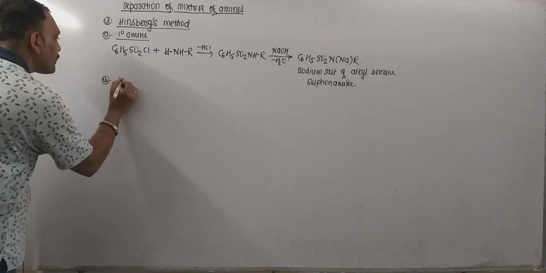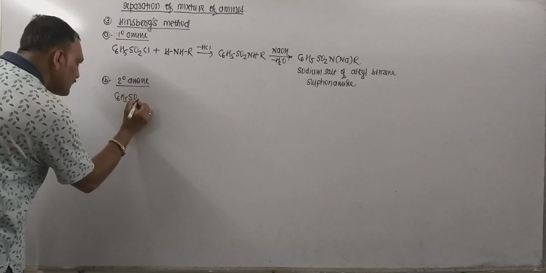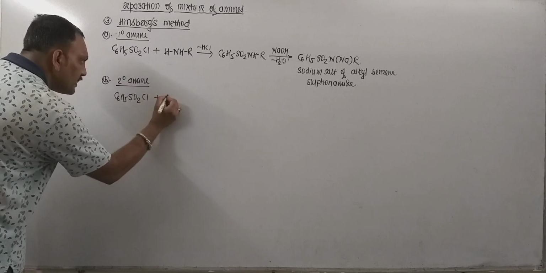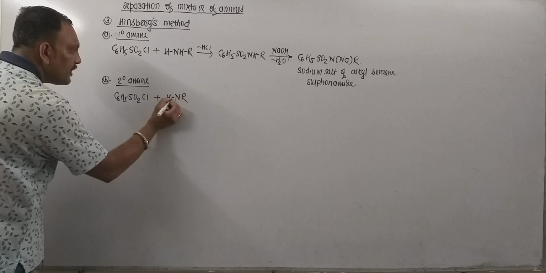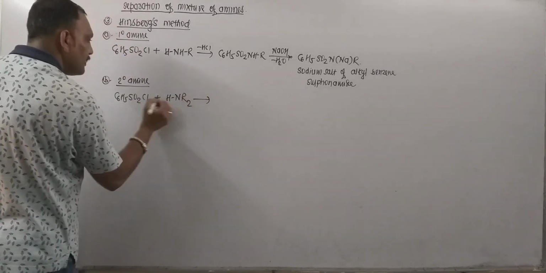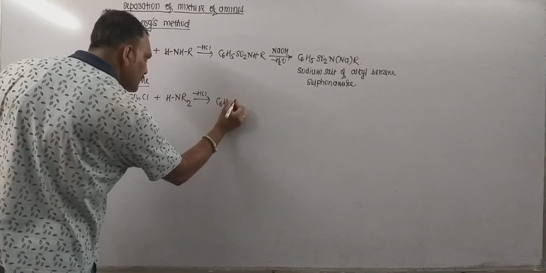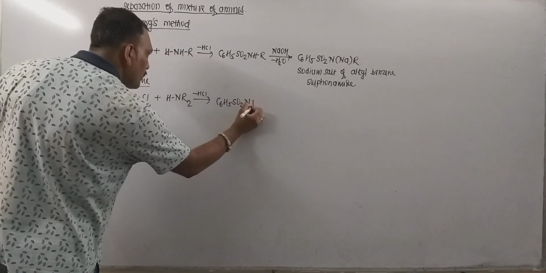Now let's see what 2 degree amines do. Secondary amines, R2NH, react with Hinsberg's reagent, C6H5SO2Cl, and departure of HCl takes place, leading to the formation of C6H5SO2NR2.